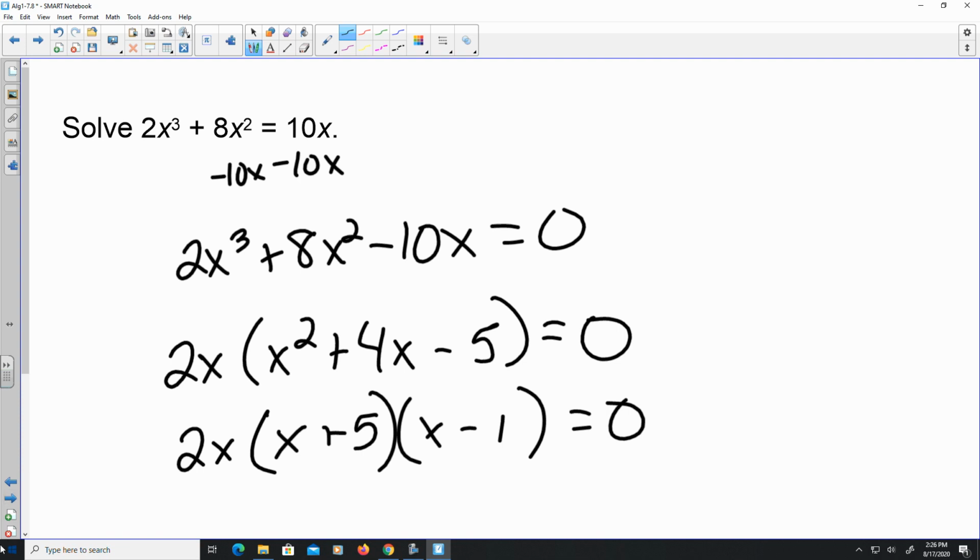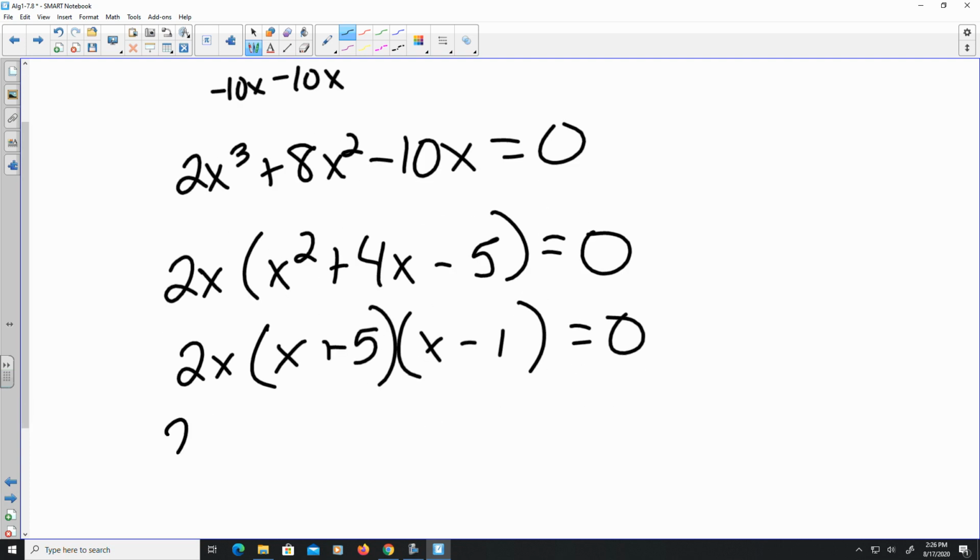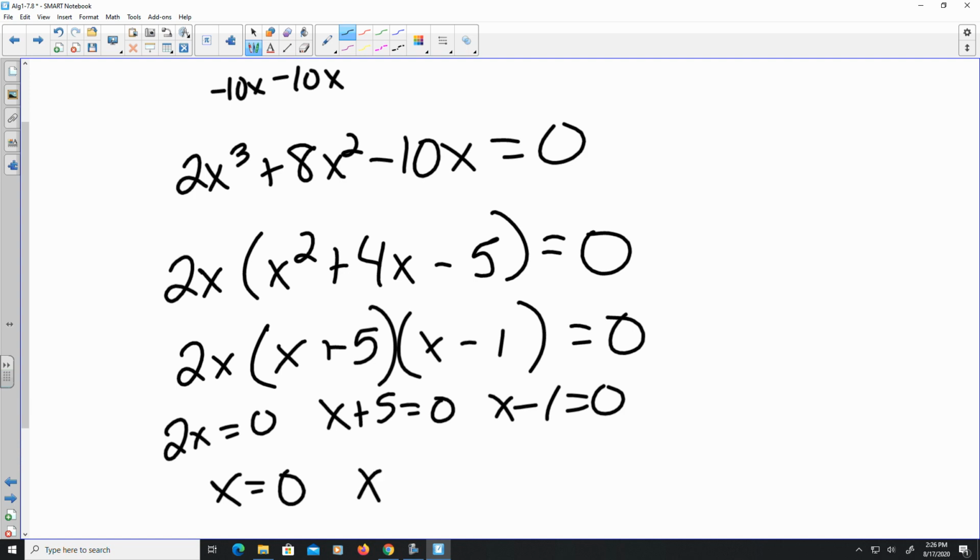All right, we found it. So because it's an equation, we must implement the zero product property. So 2x will be equal to 0, x plus 5 will be set equal to 0, and x minus 1 will be set equal to 0. That means x could equal 0, x could equal a negative 5, and x could equal a positive 1.